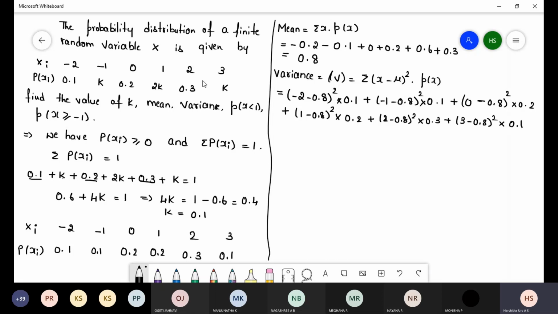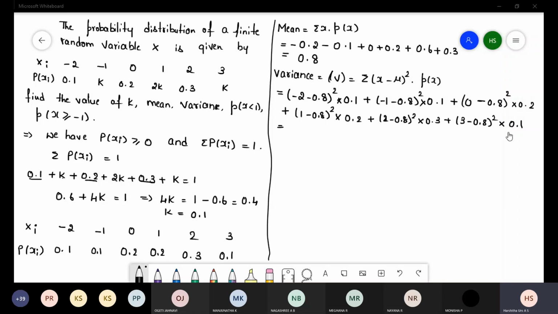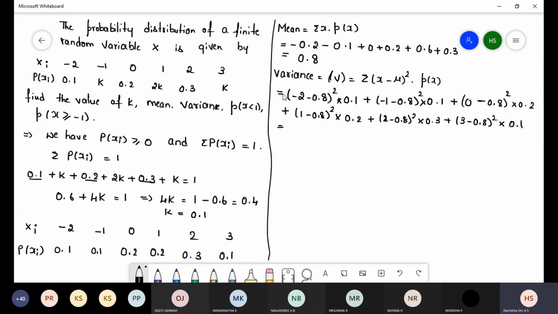Now simplify. Minus 2 minus 0.8 is minus 2.8, whole square into 0.1, plus minus 1.8 whole square into 0.1, plus 0.8 whole square into 0.2, plus 1 minus 0.8 is 0.2 whole square into 0.2, plus 2 minus 0.8 is 1.2 whole square into 0.3.